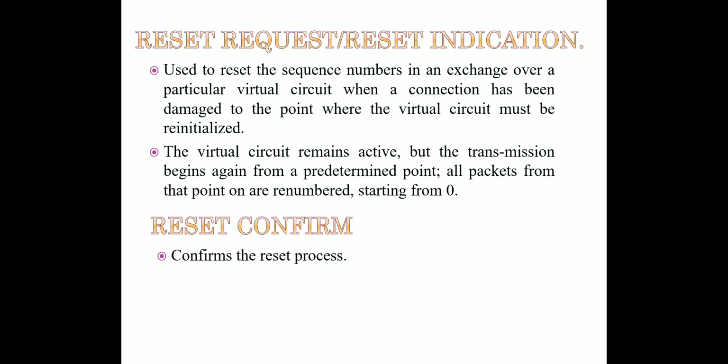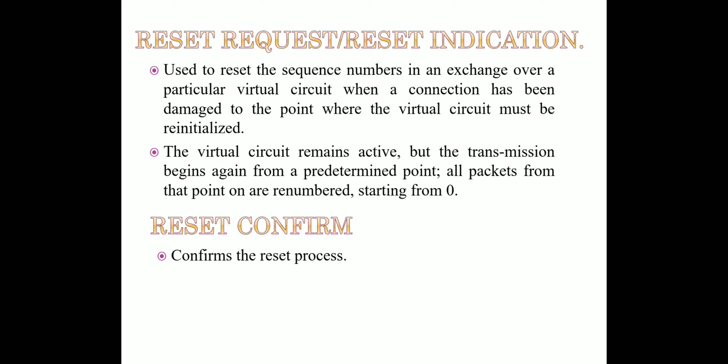reinitiated. Now over here, whenever there is a virtual circuit between two DTEs established, we send the data. But sometimes there's a problem with this virtual circuit, so much of a problem that you have to reinitiate it. So what we do is we have a predetermined point, and from that point we reinitiate the same virtual circuit.